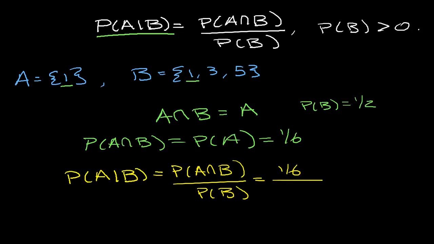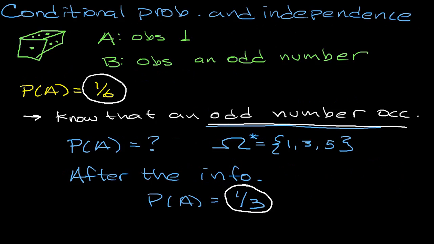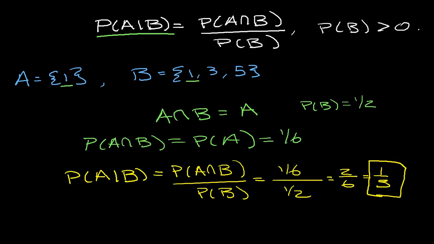Because the outcome of our die is either even or odd. So the probability of watching an odd number is just 1/2, and this is 2/6, and this is 1/3. So the conditional probability is 1/3, which is the same as our intuitive way of computing it. So let me show you another example.